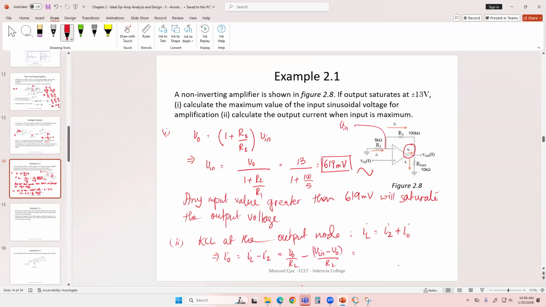Input in this case is the maximum voltage, which is 619 millivolt, and the output, of course, is going to be 13 volt. Calculate what will be the value of the output current.